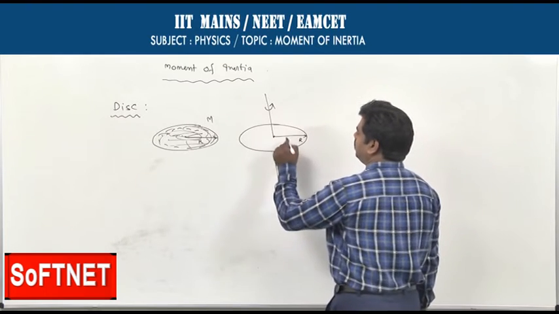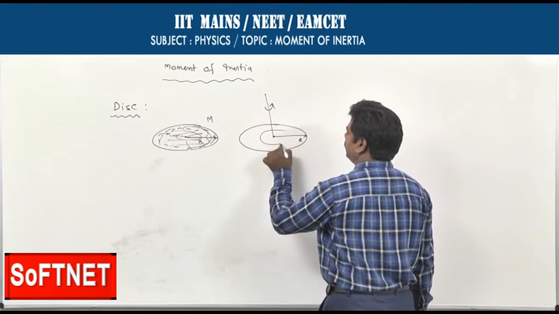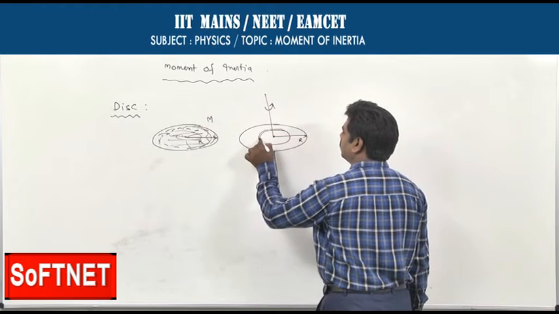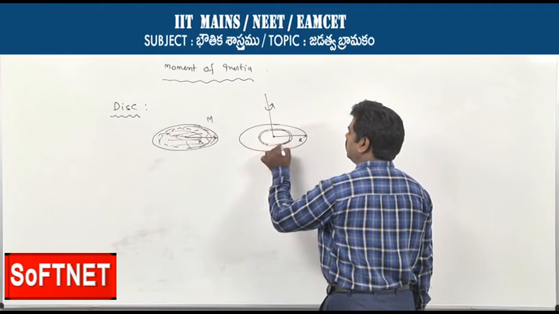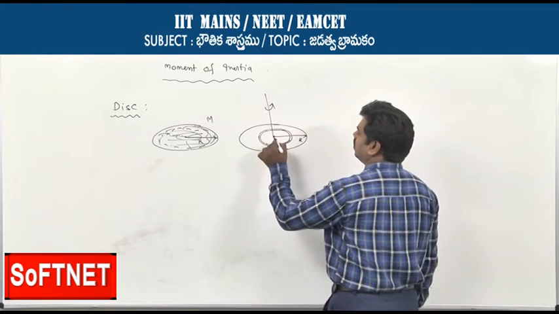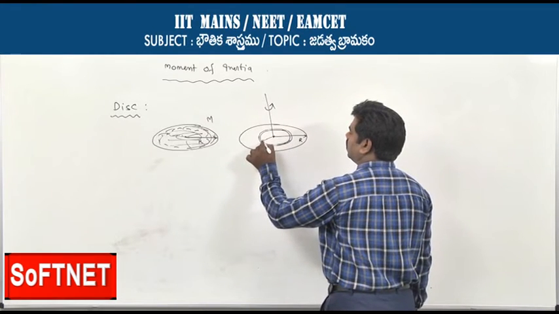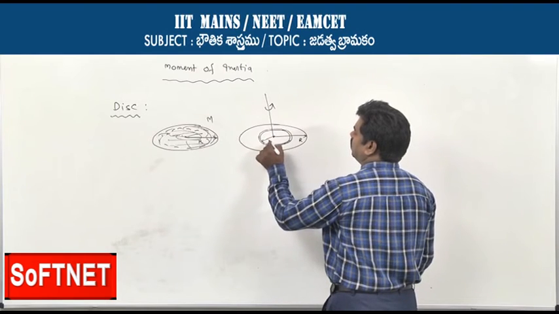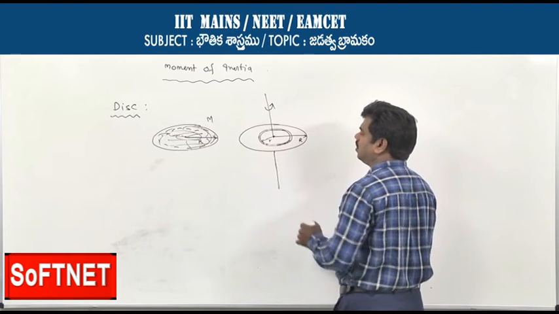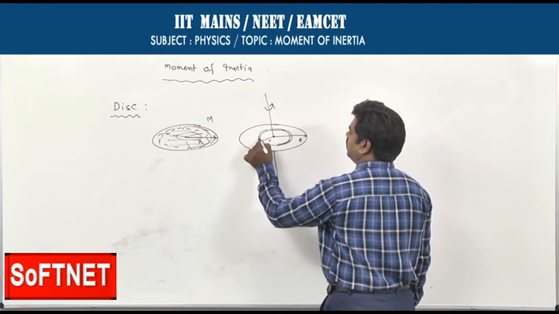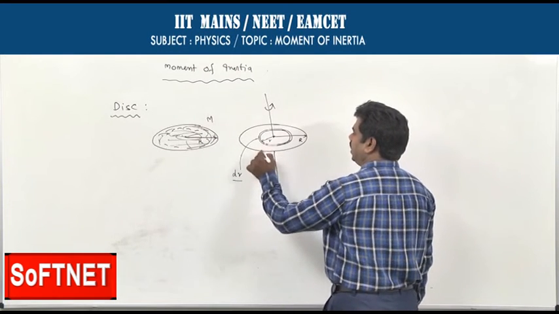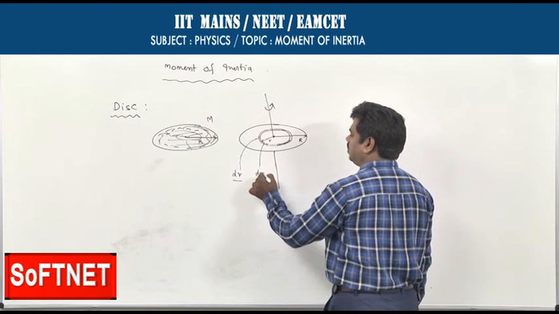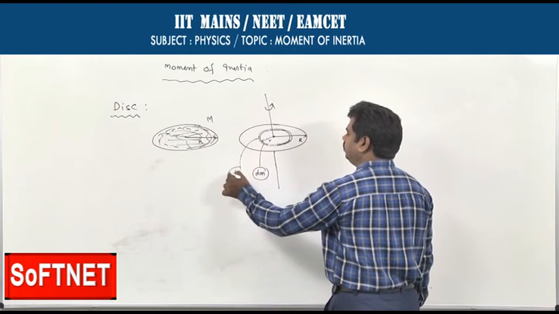So I am also going to take one of those elements, a circular element of radius small r and thickness dr, and the mass of the ring is dm.